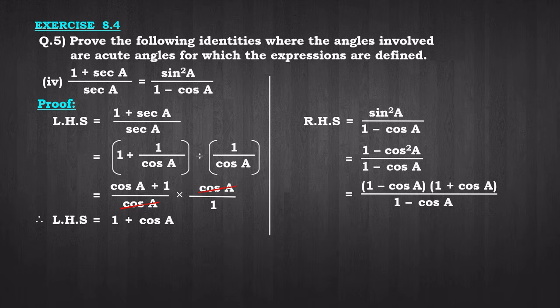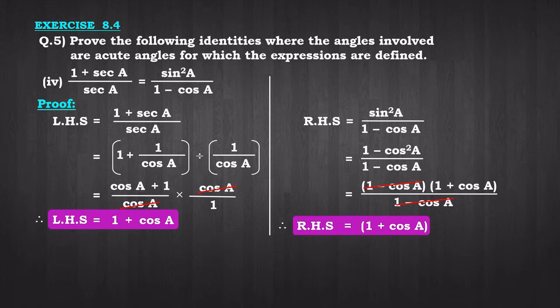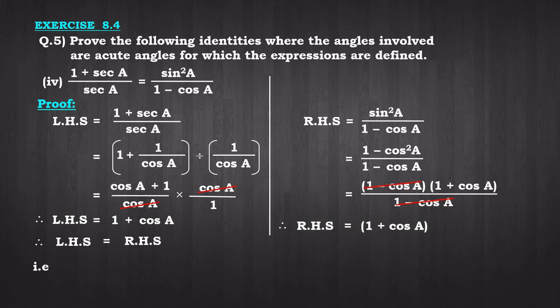Cancel the common factor, 1 minus cosine A. Therefore, the right-hand side is equal to 1 plus cosine A. Hence, the left-hand side is equal to the right-hand side. Therefore, (1 plus secant A) divided by secant A is equal to sine squared A divided by (1 minus cosine A).